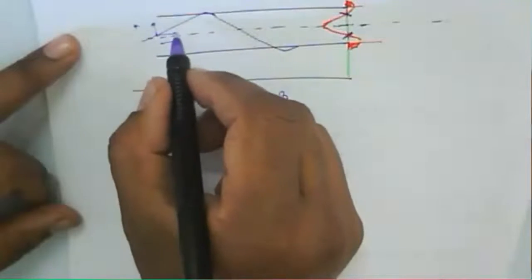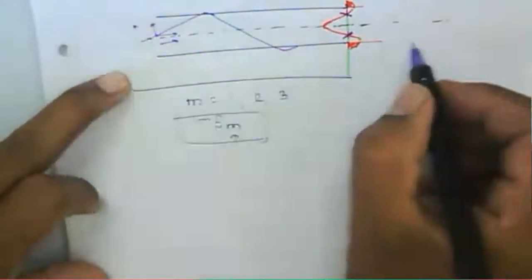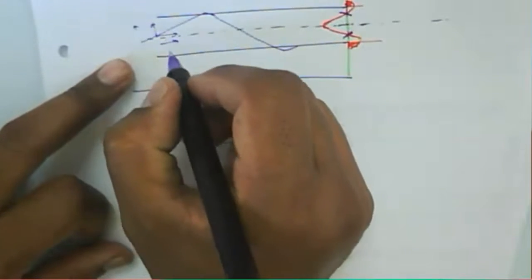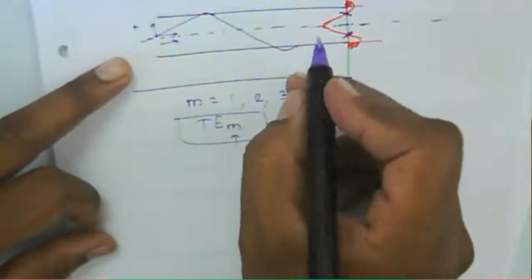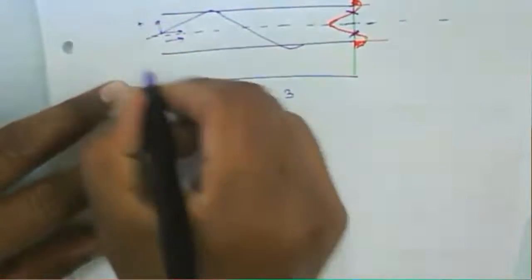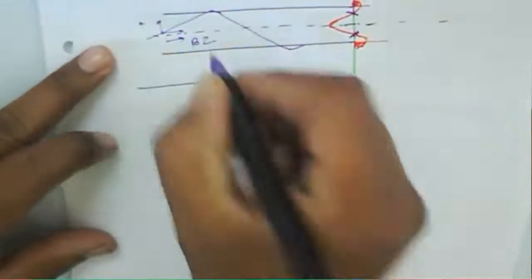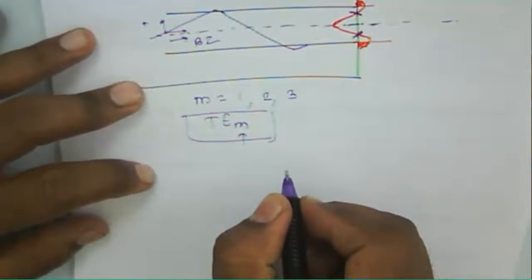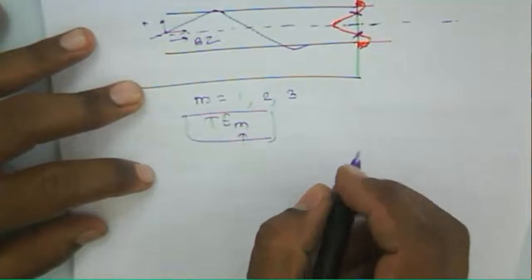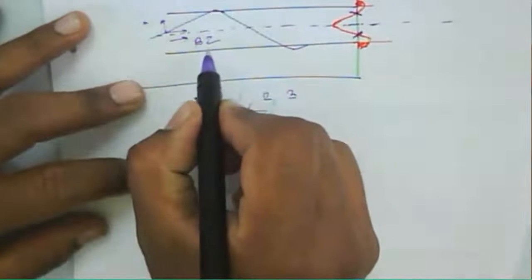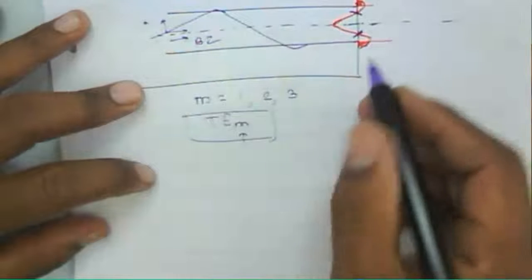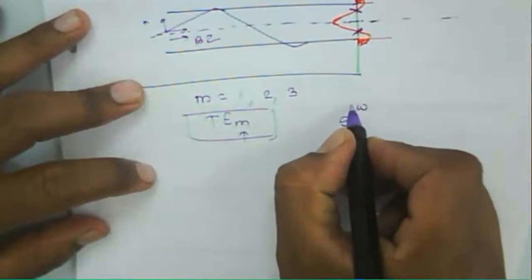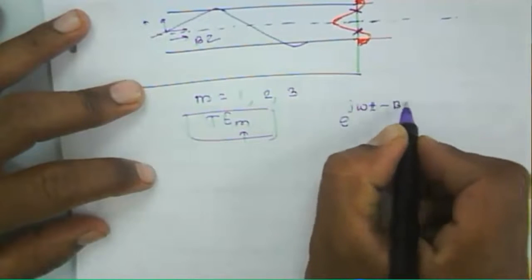Along with that, we have a field component in the direction of propagation and one component perpendicular to the given axis. This way we consider the propagation of a field component in the given direction. So modes are always periodic in nature and do not depend on the direction of the light. We consider here e raised to j omega t minus beta z.